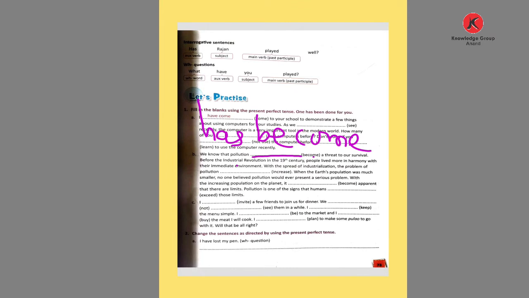Now the second: Before the Industrial Revolution in the 19th century, people lived more in harmony with their immediate environment. With the spread of industrialization, the problem of pollution dash. Again singular, and the verb given is increase. So we write has increased. Has increased is the answer.